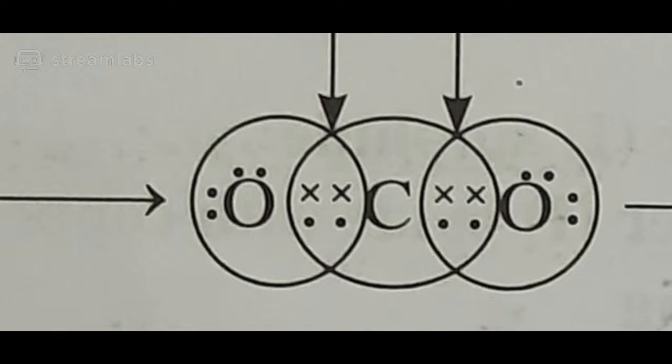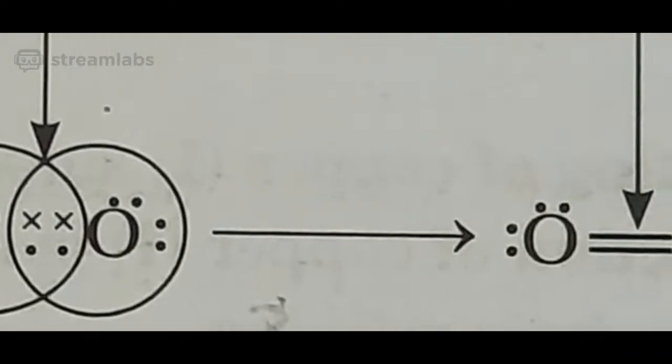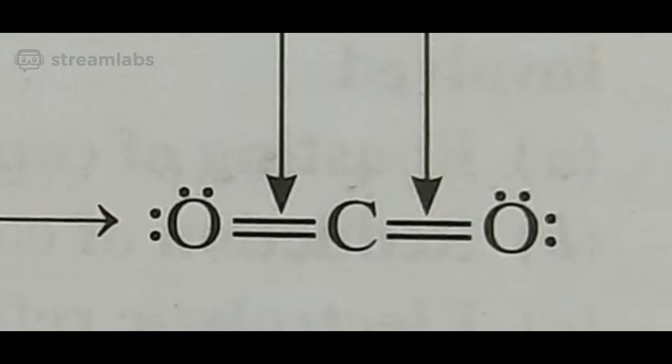Now, the carbon shares 4 electrons, but each oxygen shares 2 electrons. Each oxygen shares 2 electrons with the carbon atom, hence the bond formed is a double bond.